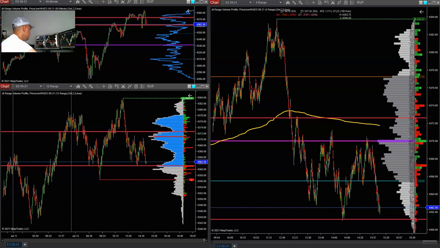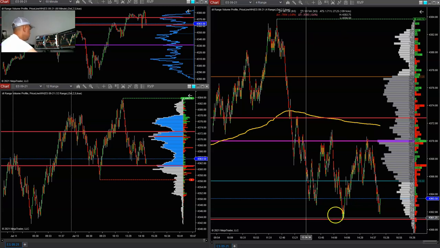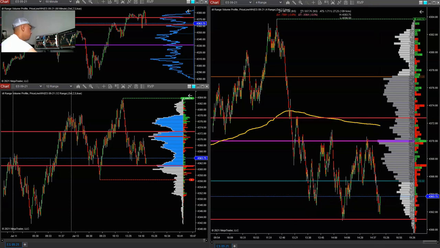So I wait patiently on a pullback, looking for confirmation. My confirmation is seeing it break this area right here. Not yet. Not yet. Not yet.